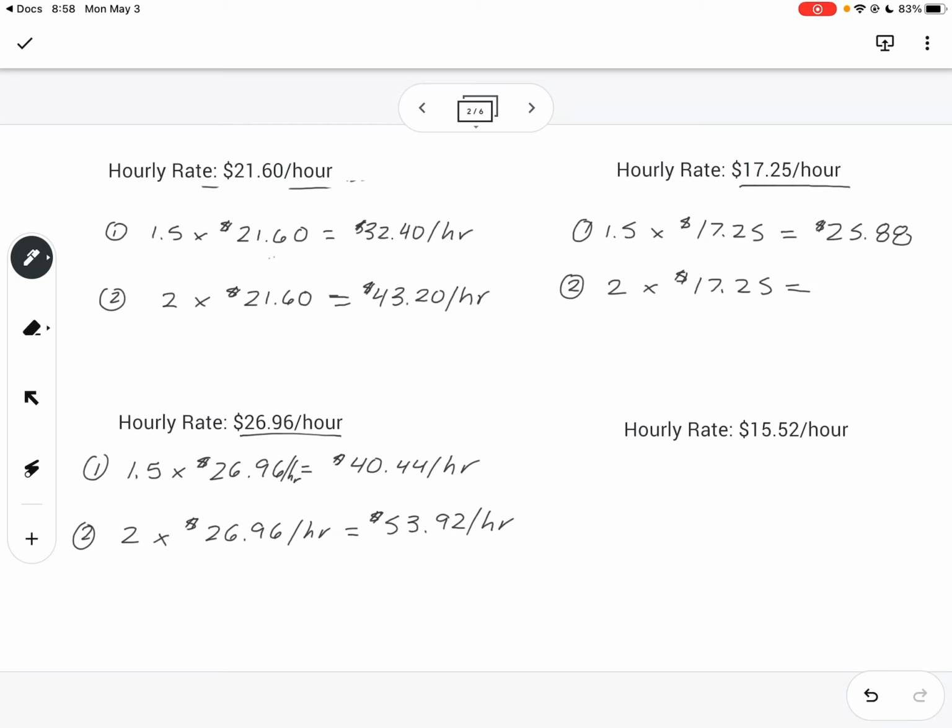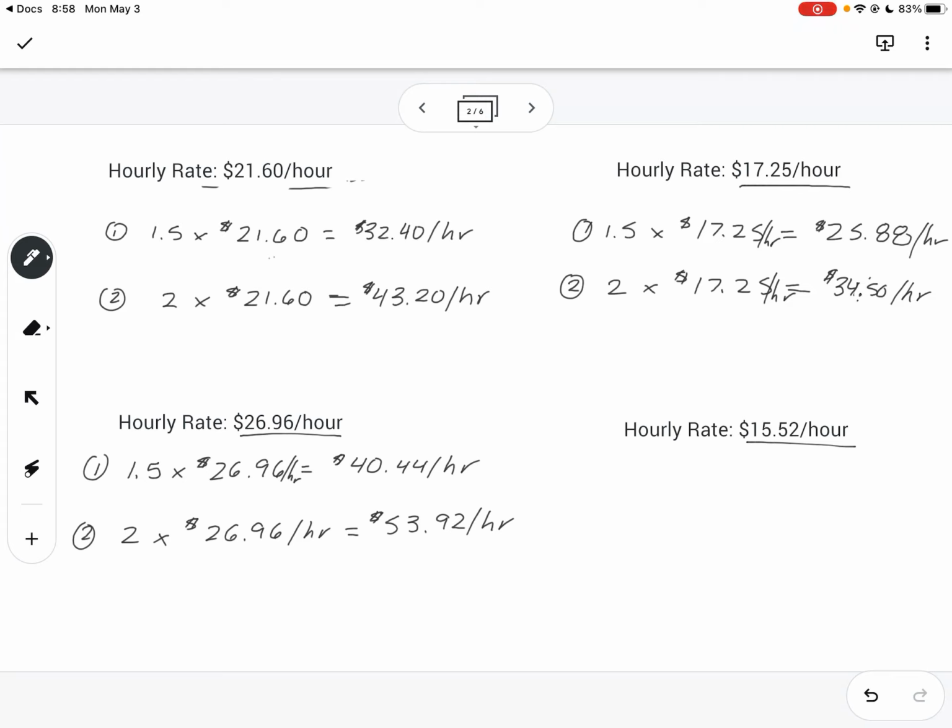We're rounding up because that third digit is a 5. And then our double time rate is 2 times 17.25, which gives us an hourly rate of $34.50 per hour. Just make sure my units are all right here, per hour.